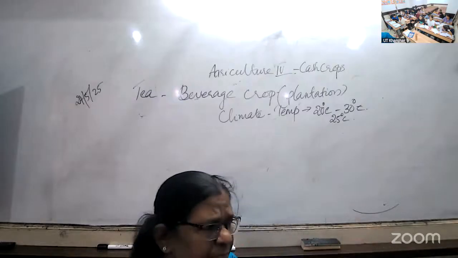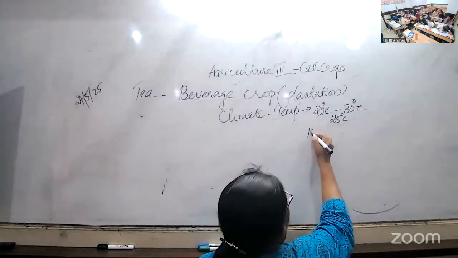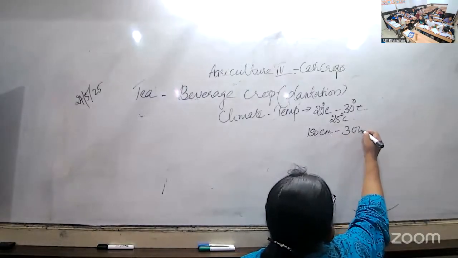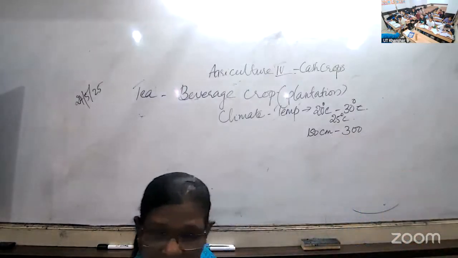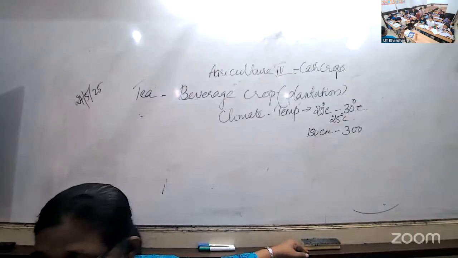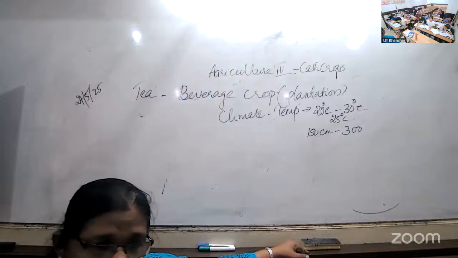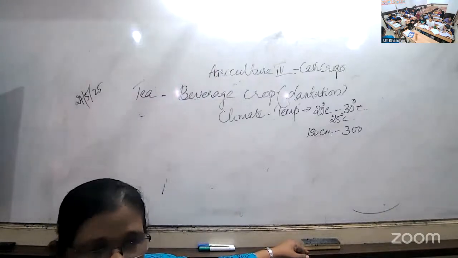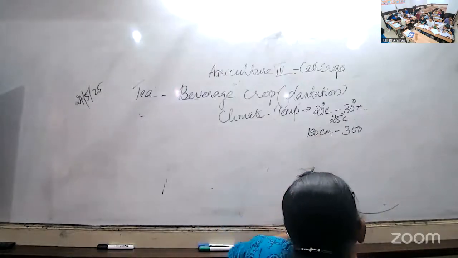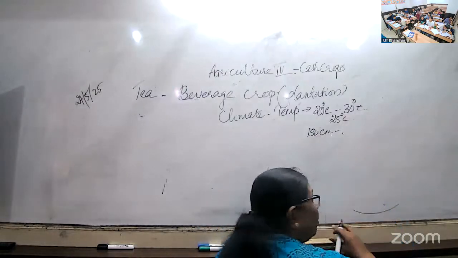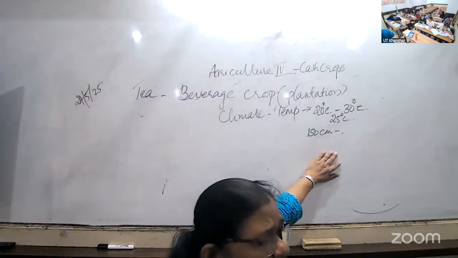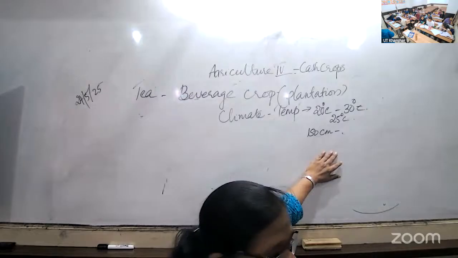Rainfall is 150 to 300 centimeters. See, 150 centimeters to 300. Some books say 375. So, of all the crops we have seen, this tea crop requires maximum rainfall.